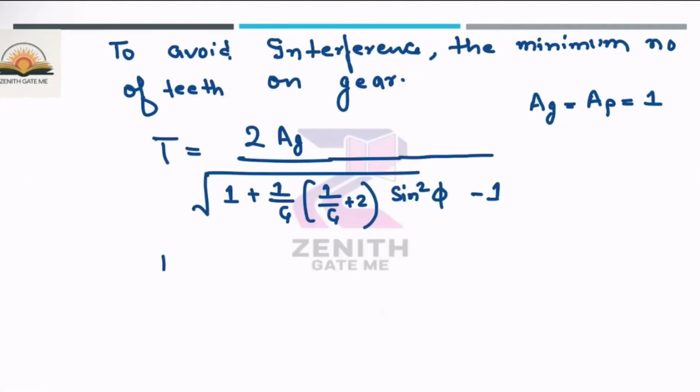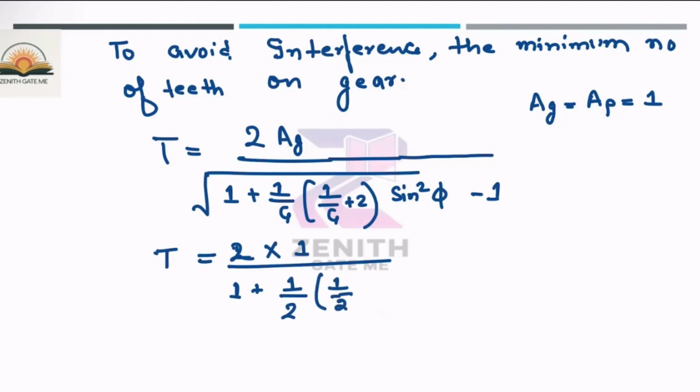Okay, so 2 into this value will be 1. So 1 plus g, gear ratio is 2. So 1 by 2 plus 2 sine square 15 square root minus 1.